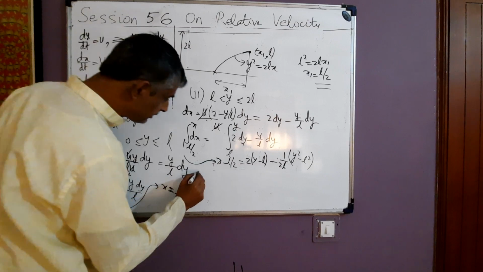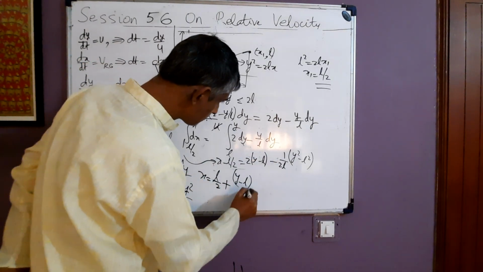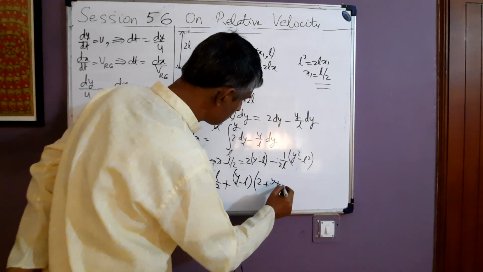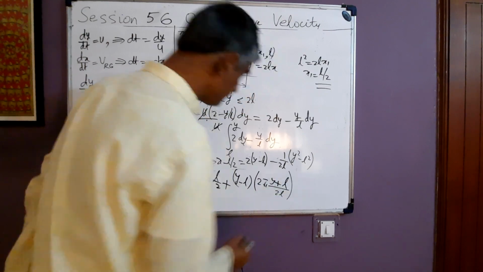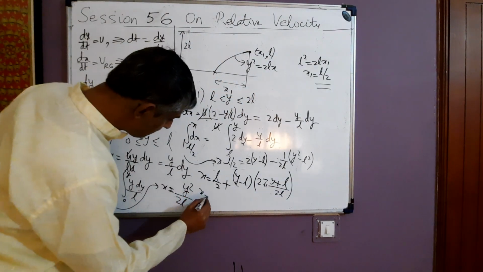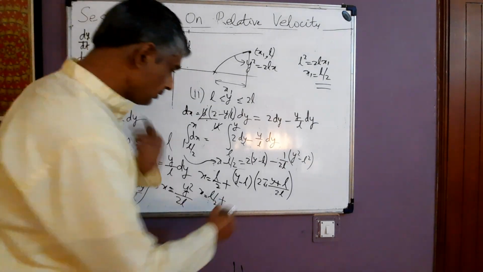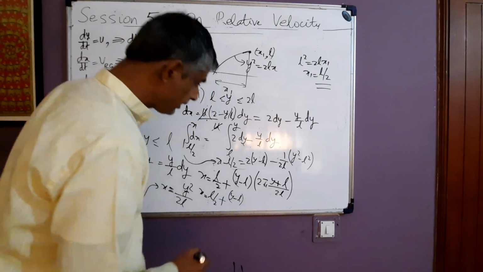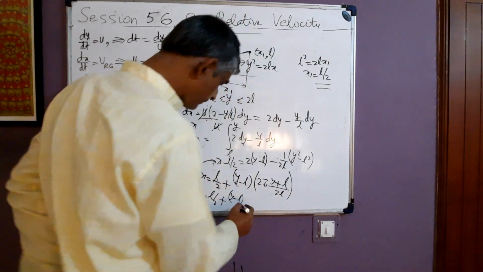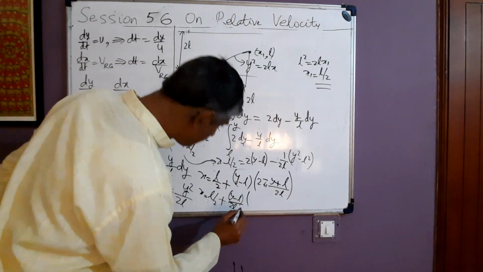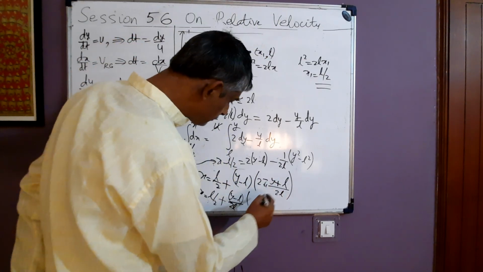If you simplify it, x becomes L by 2 plus y minus L is common, 2 minus y plus L by 2L. So x becomes L by 2 plus y minus L upon 2L, and this becomes 2 minus L by 2L, that is 3 by 2 minus y by 2.